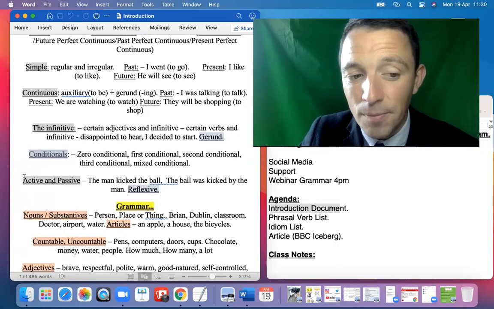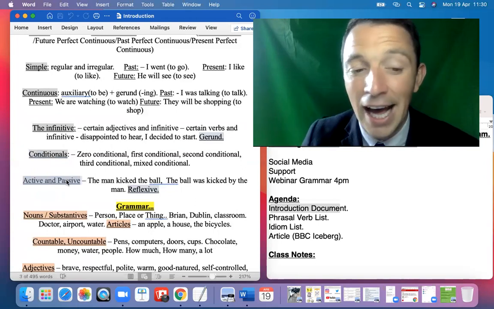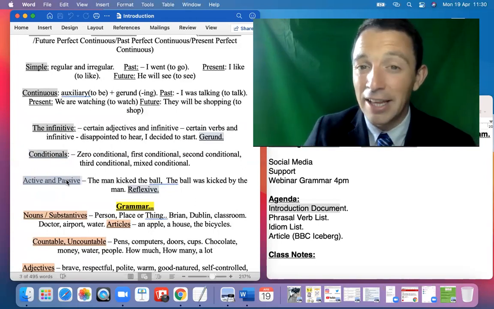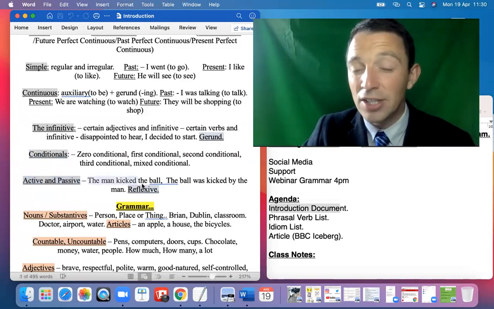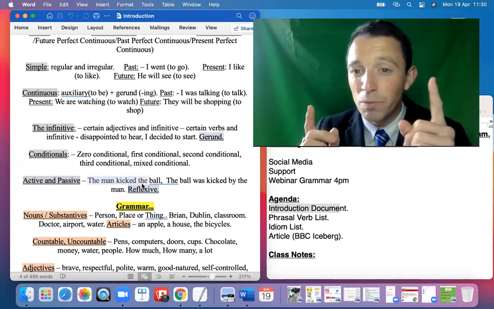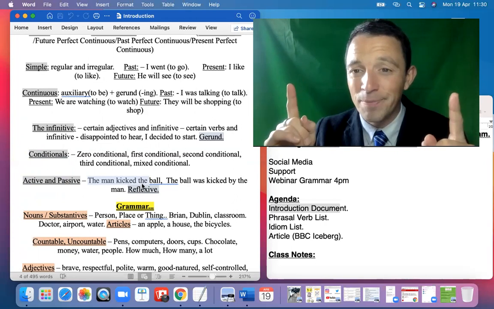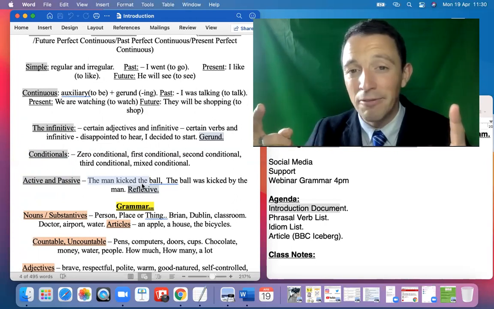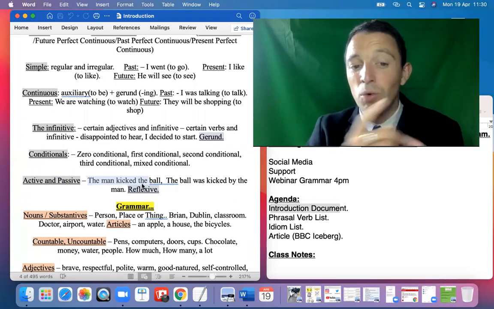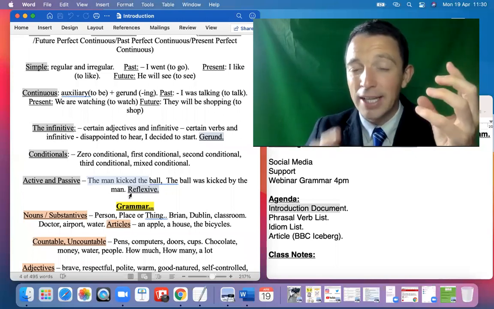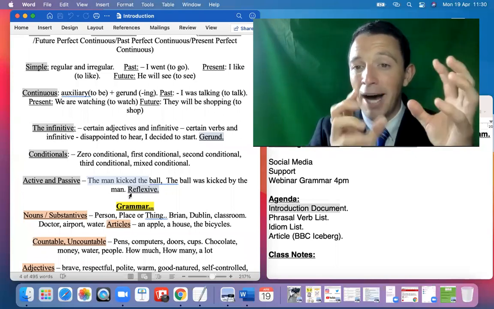Okay, also, another very impressive and advanced structure is the active and the passive. So the active is normally the general structure: subject, verb, object. The typical structure is called the active. But to create the passive, we change the position. So one example is the man, subject, kicked, the verb: the man kicked the ball.